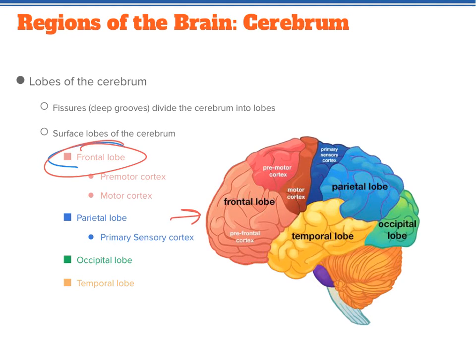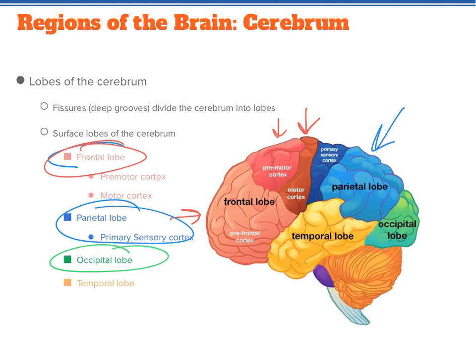This is in the front of your head, right behind your forehead where your frontal bone is, and it has two smaller parts that you might not have learned in freshman bio called the premotor and the motor cortex. Next, you have your parietal lobe, which you see in blue, which also has a smaller specialized part called the primary sensory cortex.